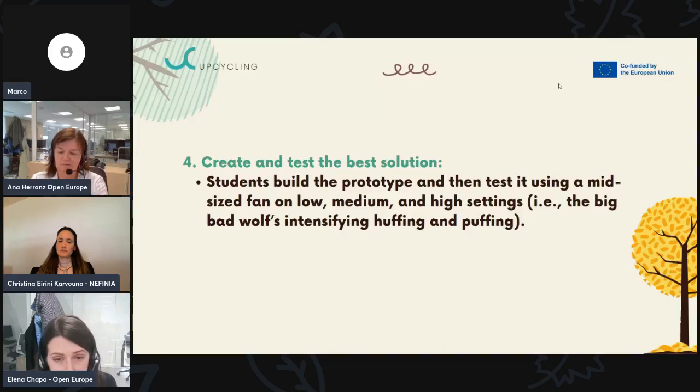As I was saying, the students build the prototype, then test it, in this case with a big fan as if it was the wolf, turning up the level of the fan.